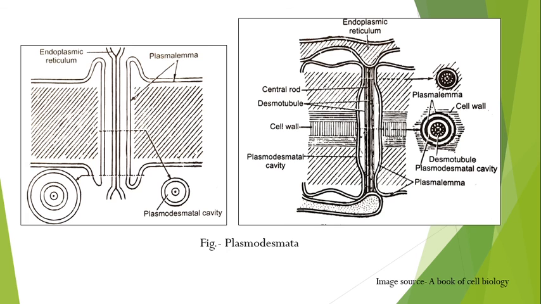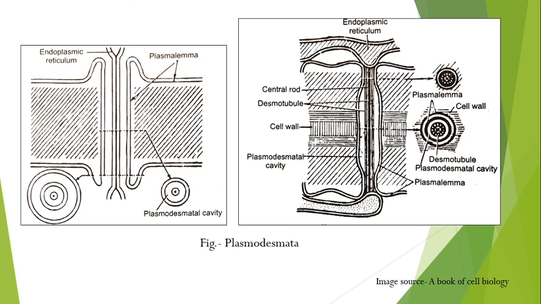So see in the diagram of plasmodesmata, first here are the organelles, that is the endoplasmic reticulum, plasmalemma, and see here the plasmodesmal cavity. The second diagram is a microscopic diagram.